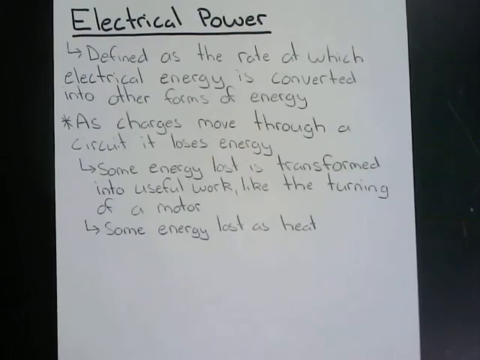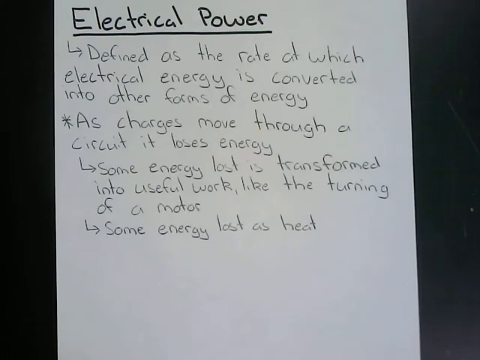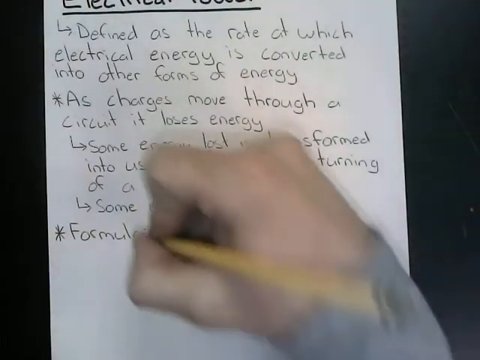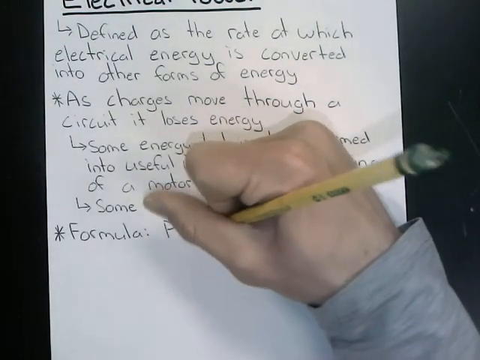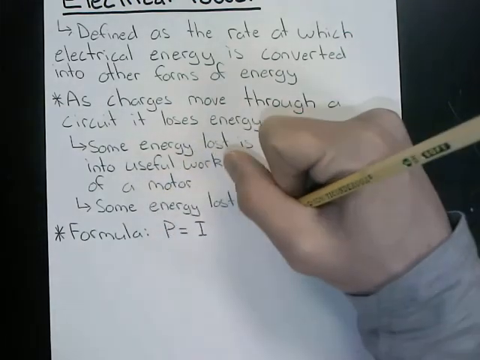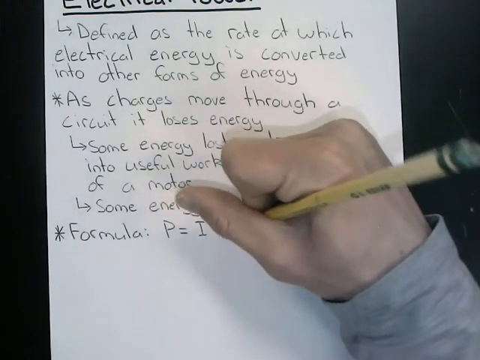Now, there's also a formula for electrical power. That formula is P for power is equal to current, I, times voltage.